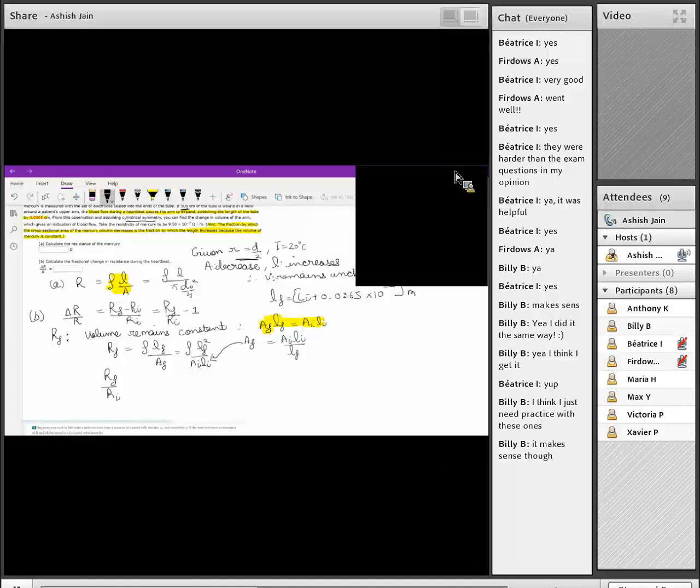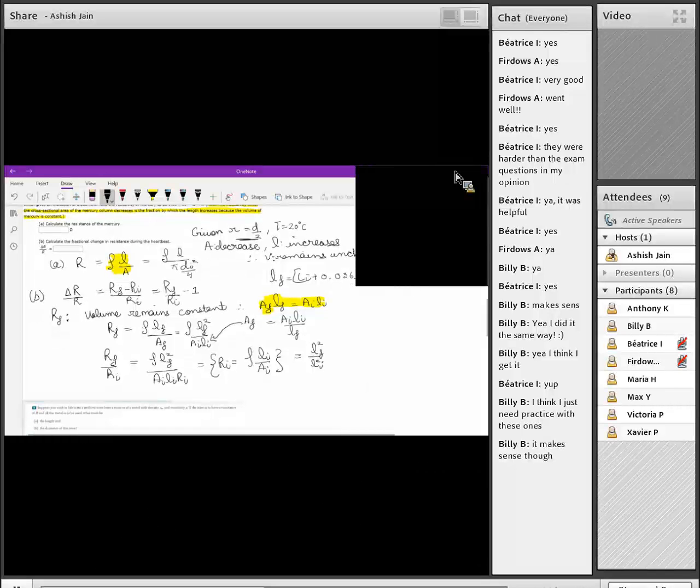If it makes sense, then I'm going to divide by Ri on the left side of the equation, and also on the right side: RF by Ri equals AF LF by AI LI into Ri, and substituting for Ri as rho LI by AI, I'll get L square F by L square I. Call it equation 1.